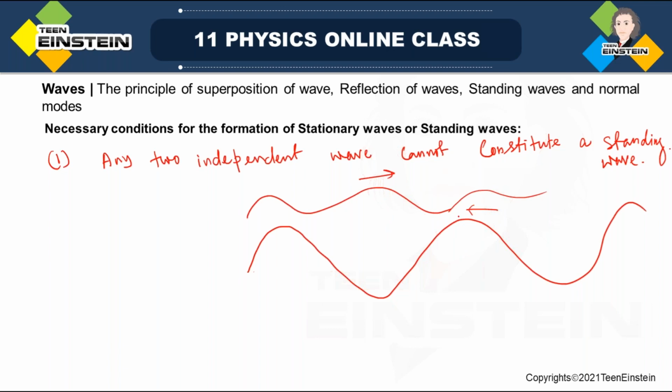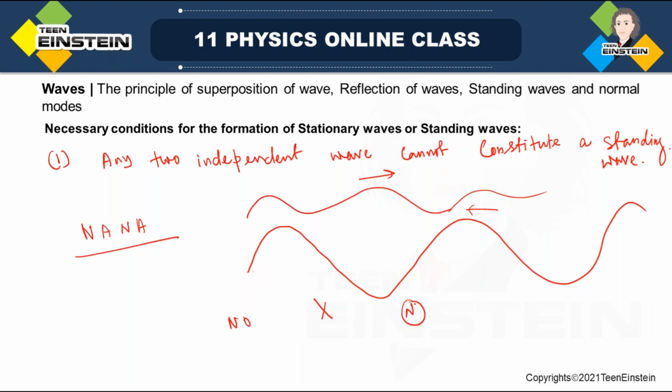If these two independent waves superpose, they will not give a stationary wave. Why is it so? Because you should have nodes, antinodes, nodes, antinodes. But even if these two waves superpose in opposite phase, because of the amplitude difference, you will not get a node anywhere.